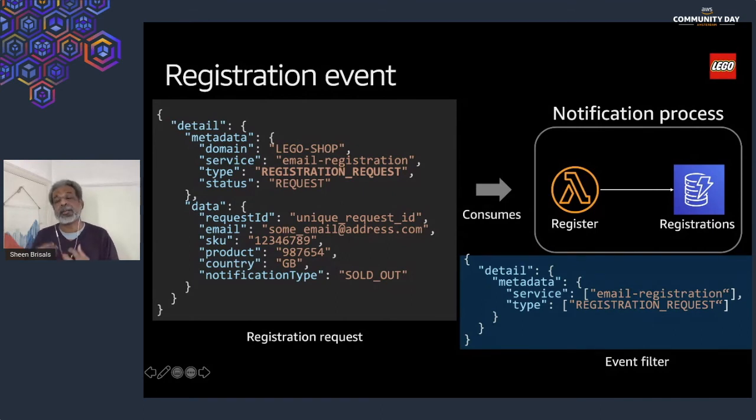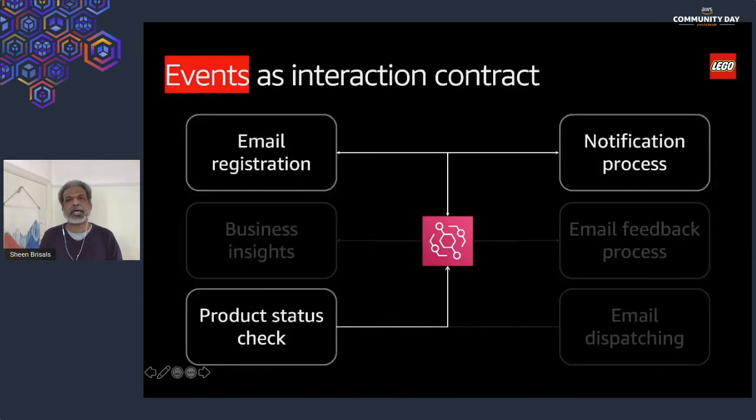But the event filtering can be really complex, and there are a number of good patterns we can put in place if you want to go to fine-grained filtering. So that's good. Now the other service works with the data. There are a number of other microservices. Here is a product status check service.